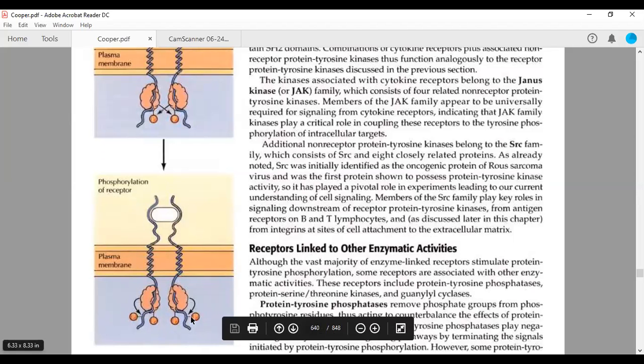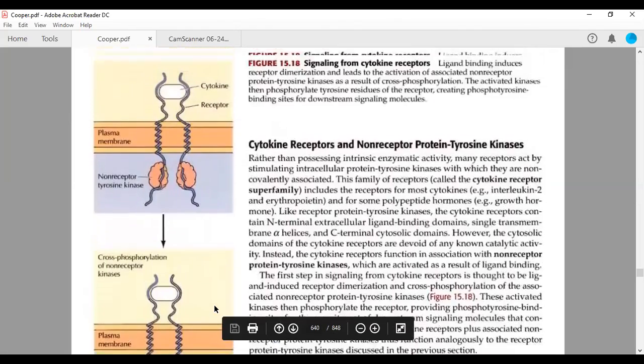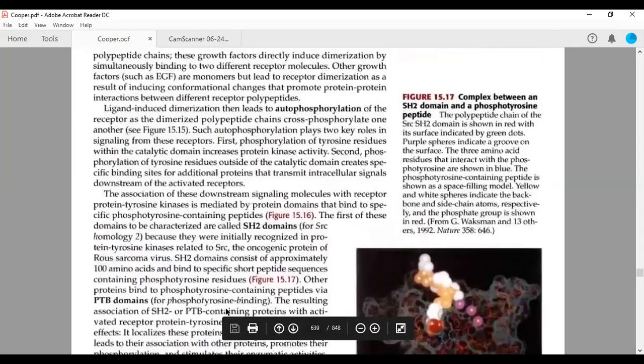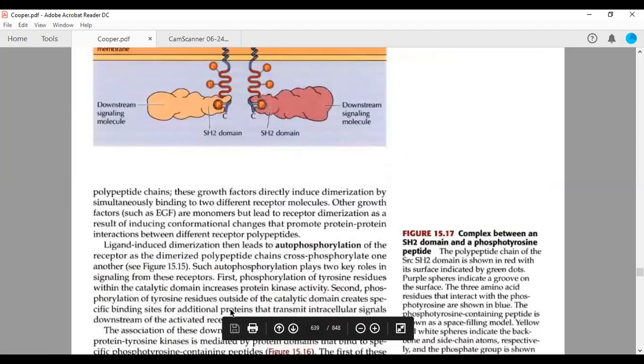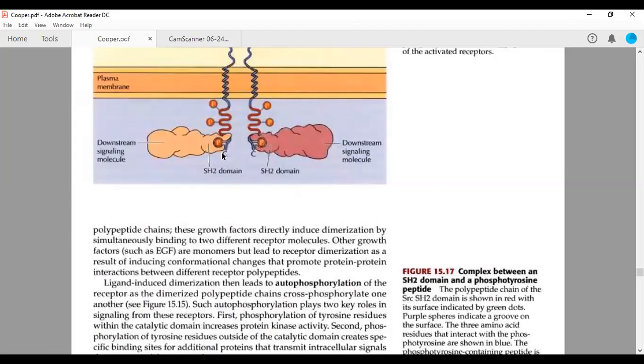Then the downstream molecules will come and bind to these phosphotyrosine residues with the help of their SH2 domain. It is very important that proteins having these SH2 domains will only interact with these phosphotyrosines of the receptor tyrosine kinases.